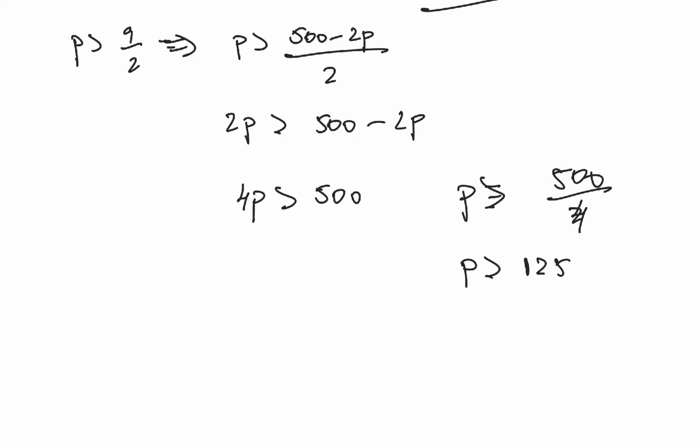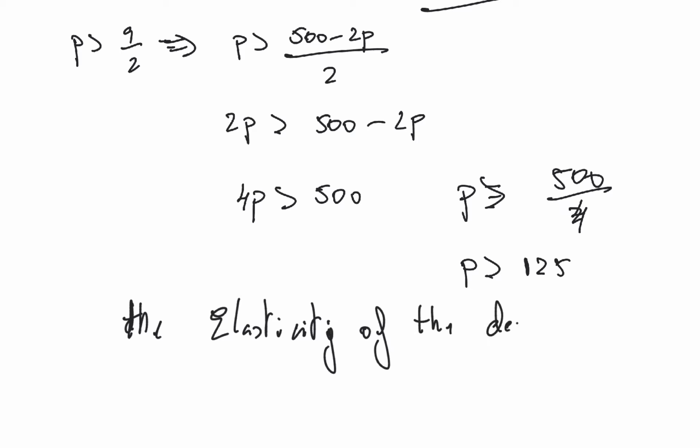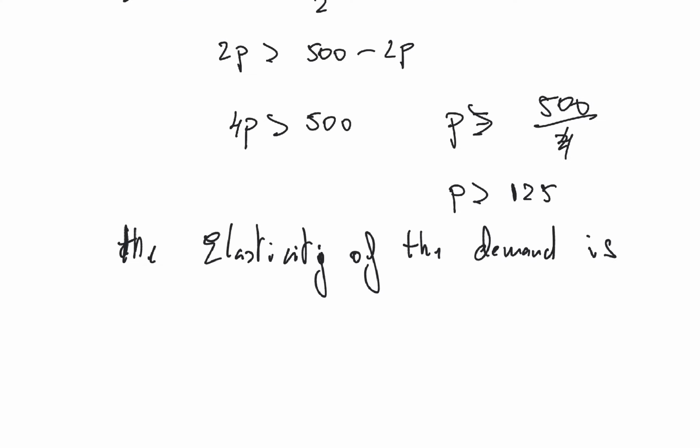So the elasticity of the demand, E, is bigger than 1 if P is bigger than 125.